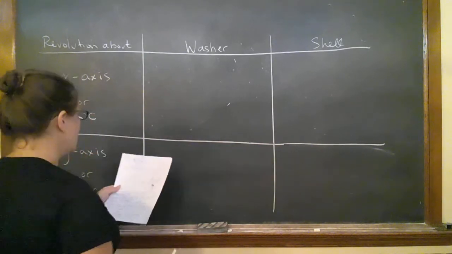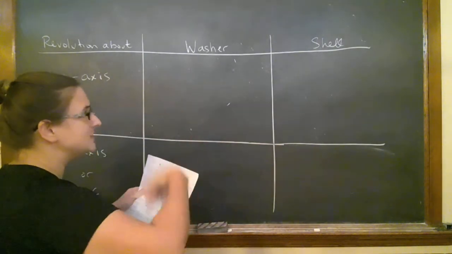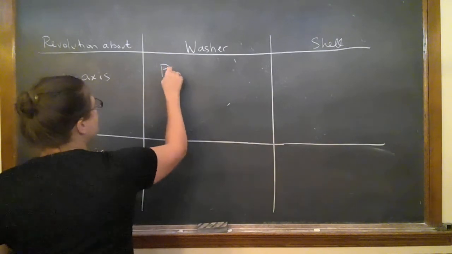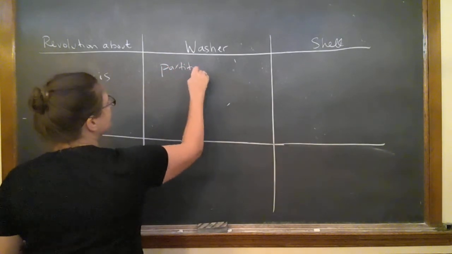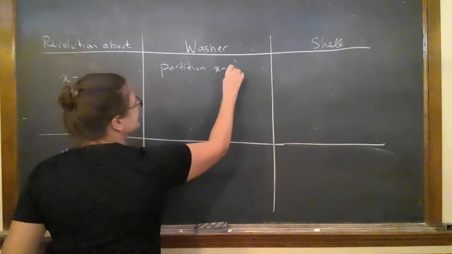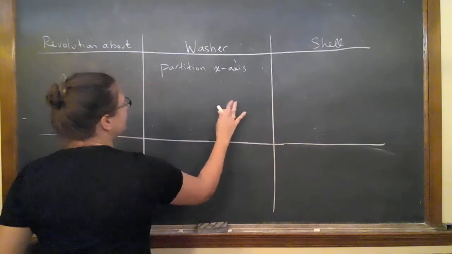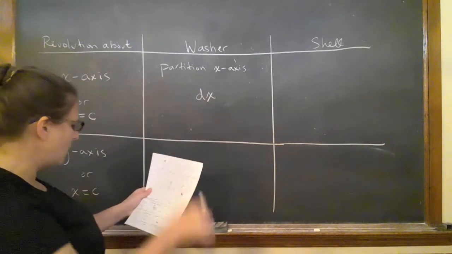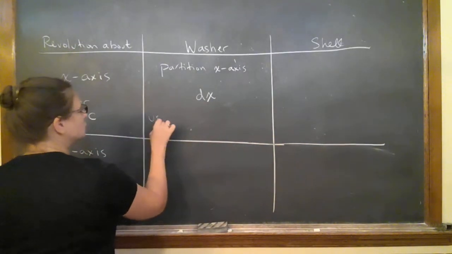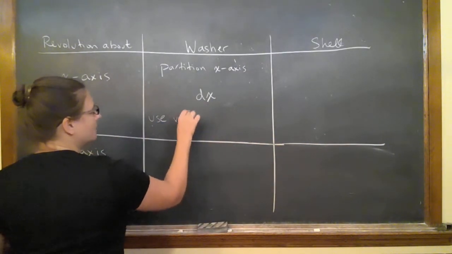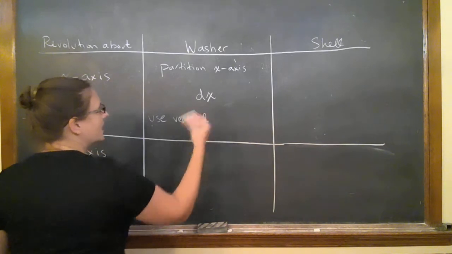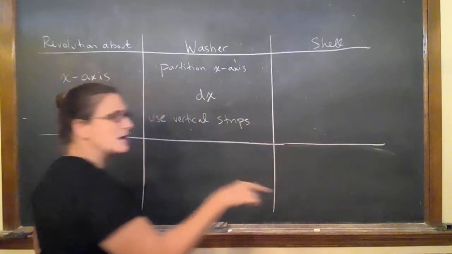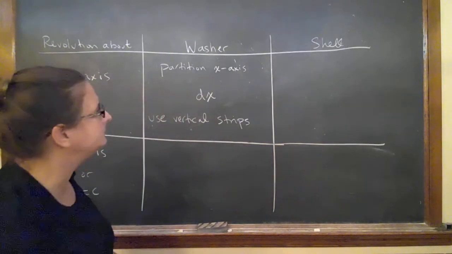So for the washer method, as I just said, if we're going around the x-axis, we partition the x-axis, meaning we're integrating with respect to dx. And what we end up with when we draw that washer is we're imagining vertical strips that then go around and become the disc.